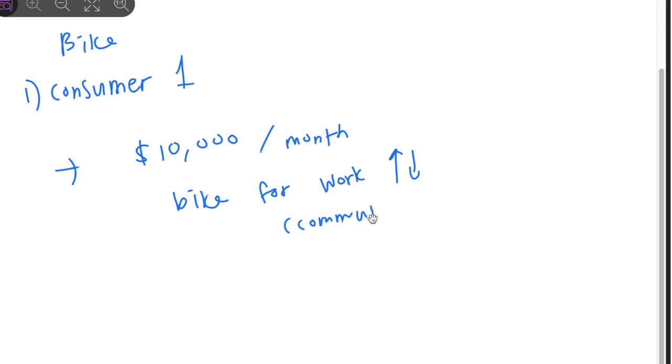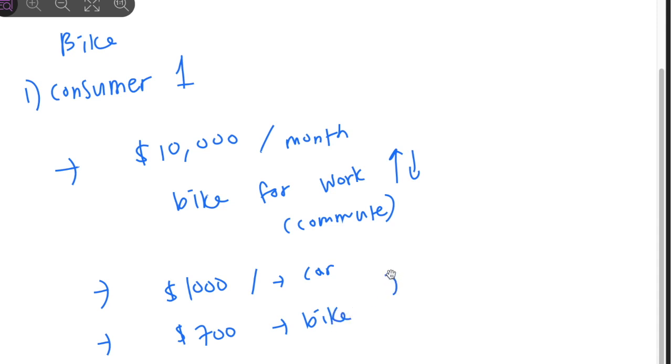right? And he was spending $1,000 a month for a car, right? And now he can spend up to $700 on a bike to have somewhat of a saving of $300 for the first month, and afterward he wants to save $1,000, right?